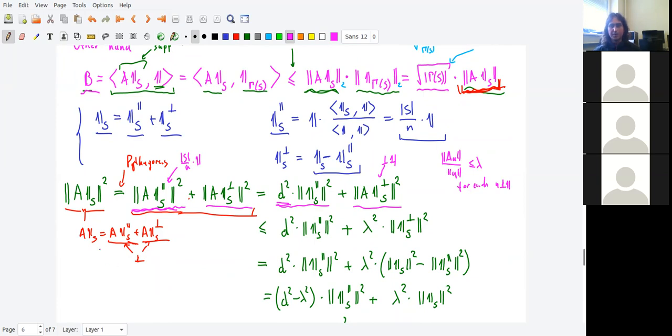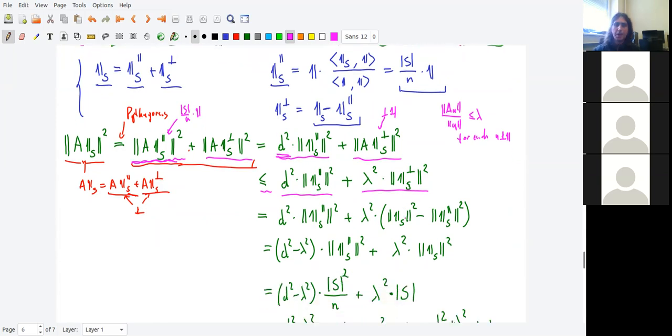So this justifies this inequality: I've got this plus lambda square times the norm of the orthogonal part square. So what was the norm of the orthogonal part square?